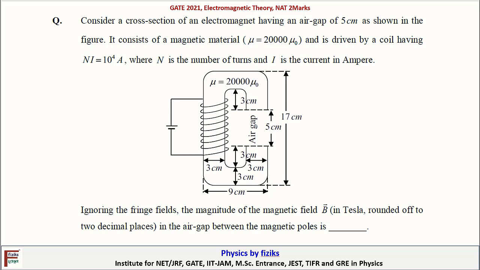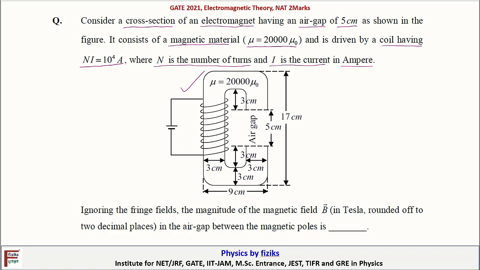Hello students, in this question it is given to consider a cross section of an electromagnet having an air gap of 5 cm as shown in this figure. It consists of magnetic material having mu is 20,000 mu naught and is driven by a coil having Ni is 10 to power 4 ampere, where N is the number of turns and I is the current in amperes.